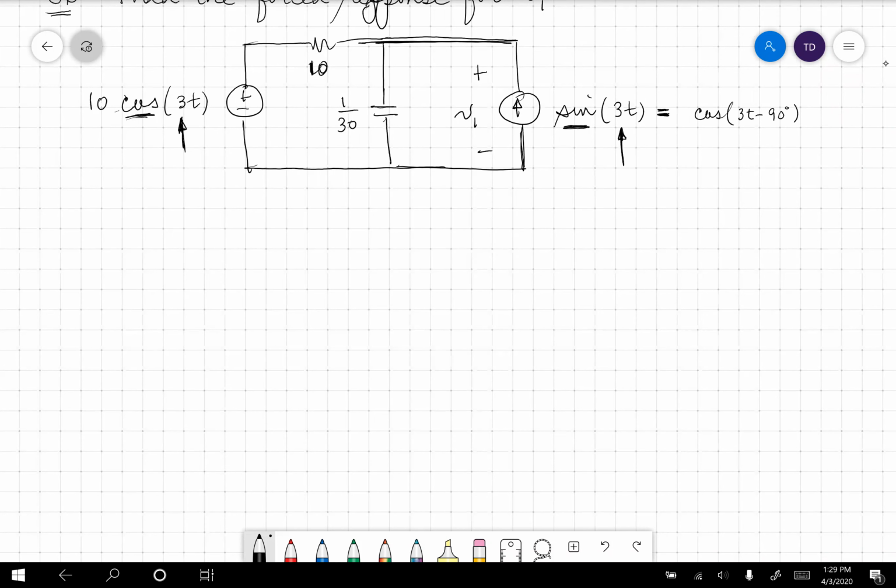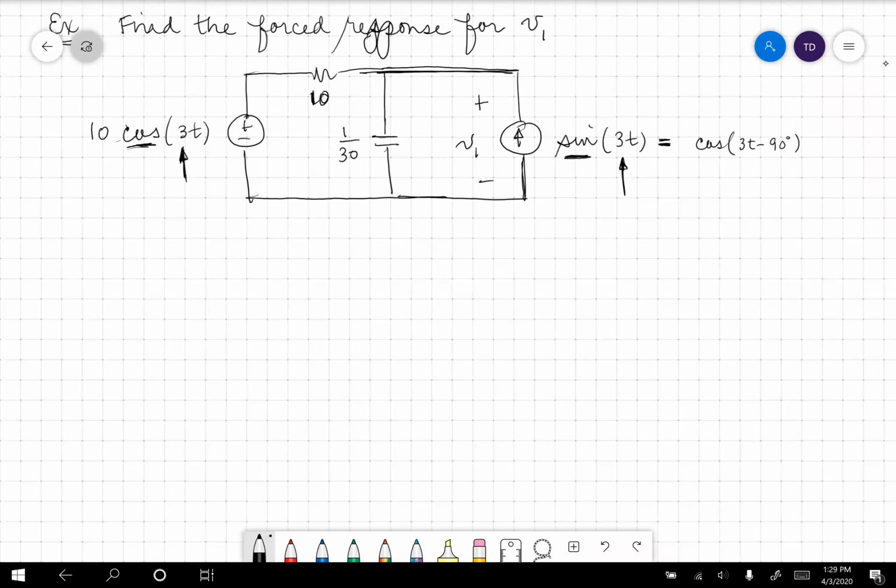All right, now we have our circuit in a form that we're ready to convert it. So here goes. This is 10 at an angle of 0, which is just 10. Anytime you have a pure cosine like that with no phase shift, it's just a pure number. This 10 here is just 10. Now I have 1/30th.